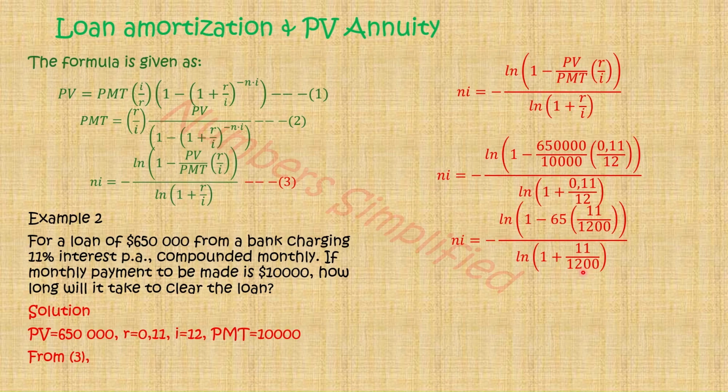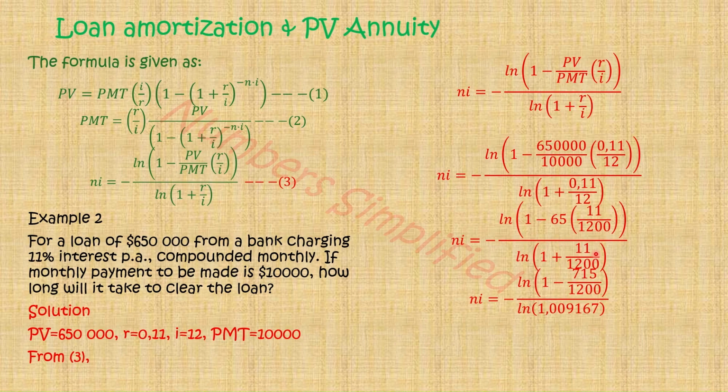With that, I have 65 times the 11 over 1,200. Multiplying 65 times 11 gives us 715 over 1,200.